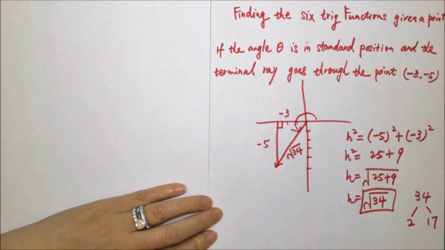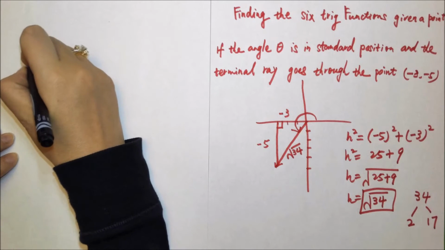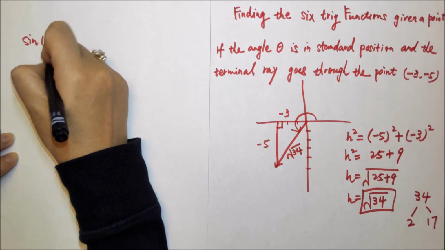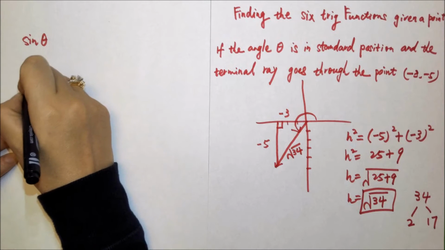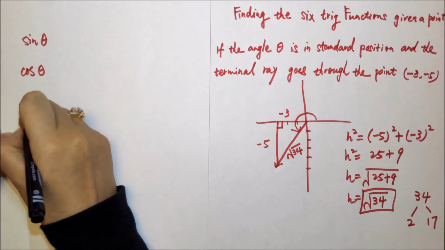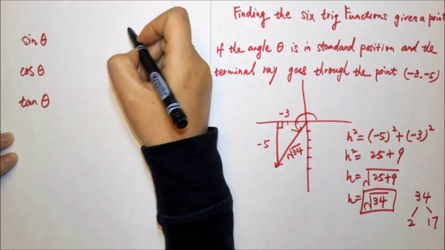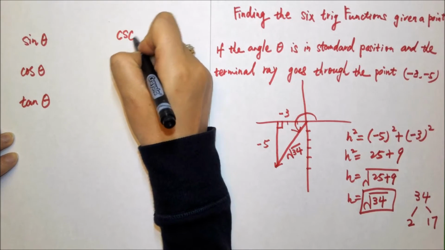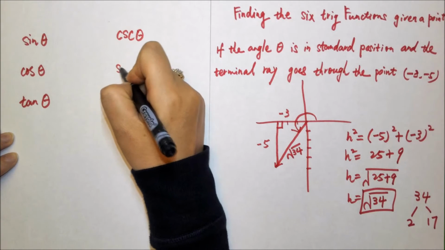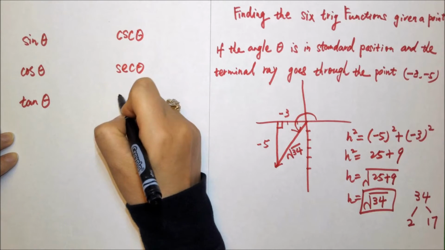6 trigs involves sine value, cosine, tangent, and the reciprocal function of cosecant theta, secant and cotangent.